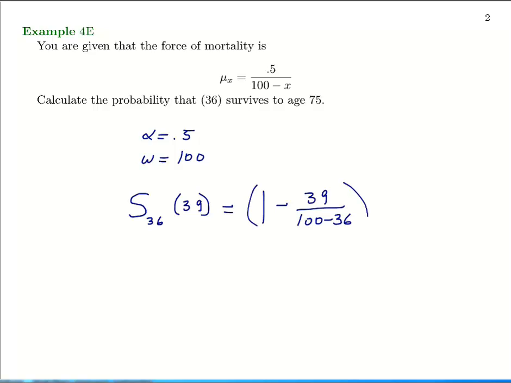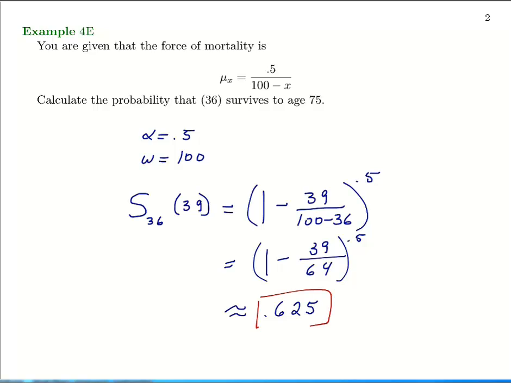But this is the generalized DeMoivre, so we have to raise that to the alpha, which is 0.5. So we just get 1 minus 39 over 64 to the 1/2, or square root. And if you work that out, you get 0.625 is our answer.